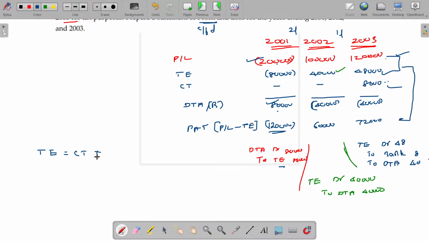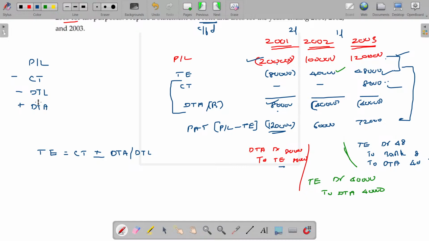Current tax plus or minus deferred tax asset and deferred tax liabilities. So you have to add up these two. I may write here: profit and loss, minus current tax, minus DTL, minus DTL plus DTA.